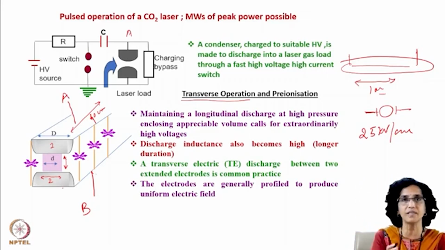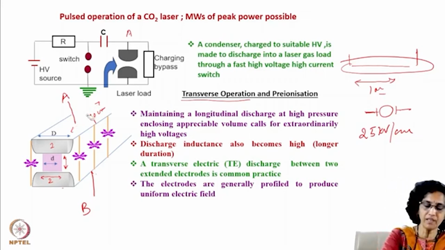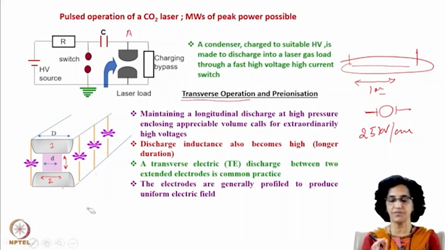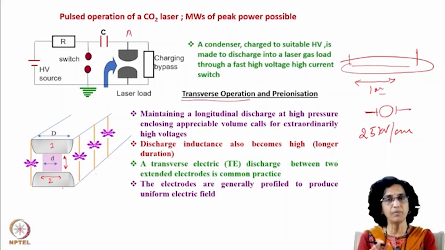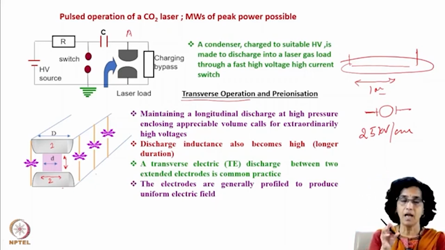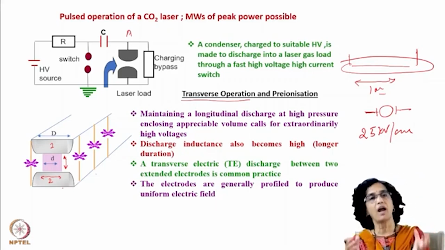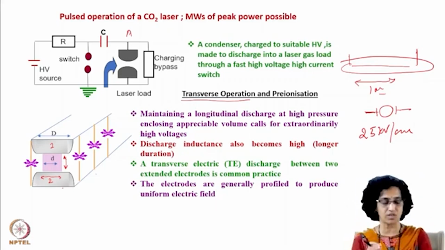So TEA CO2 lasers are very common. Now we have understood that we do not have longitudinal discharge here, but transverse discharge between electrodes which are facing each other, enclosing a volume between them in which we have our lasing gas mixture and in which we are creating the glow discharge.